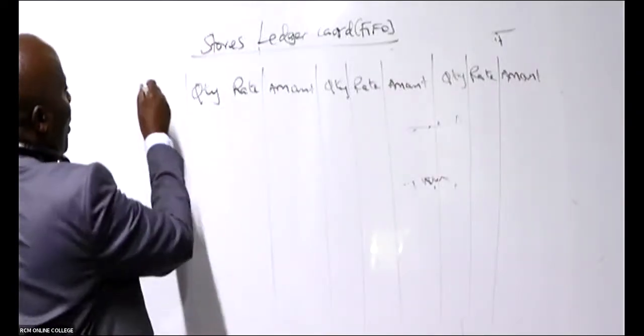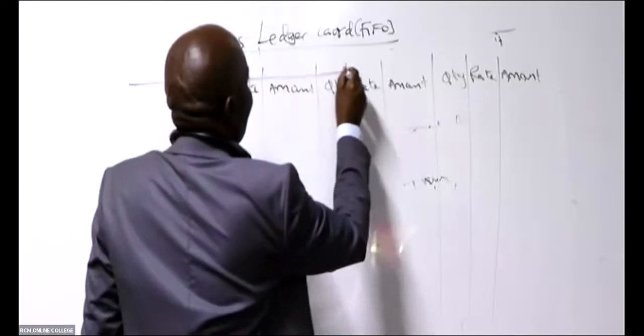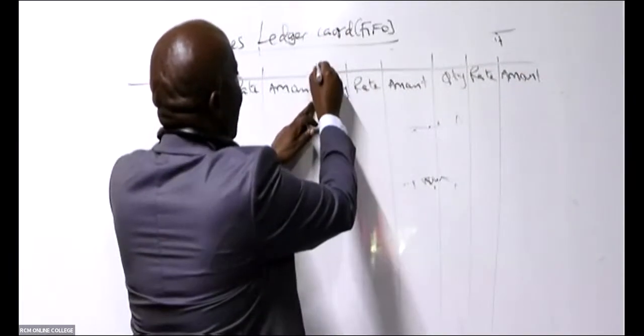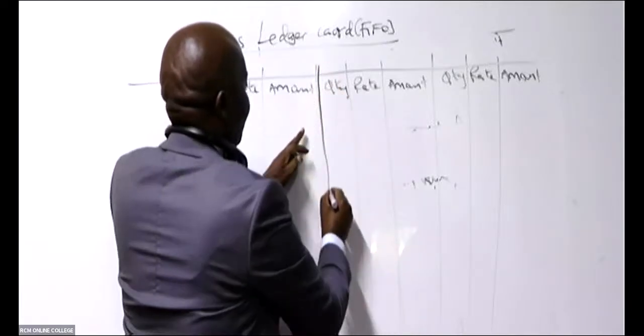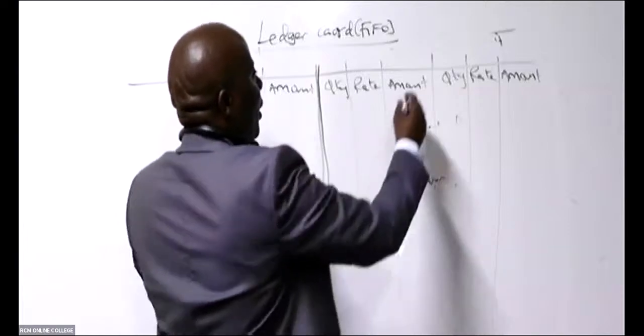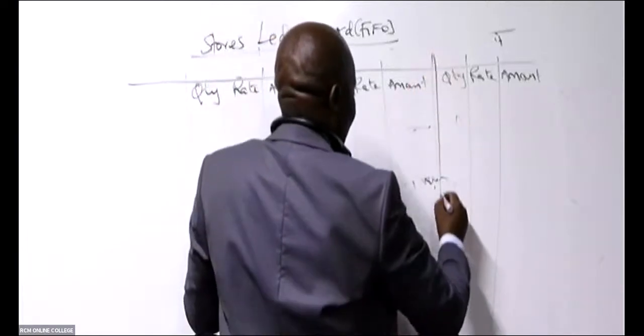At the end of the amount, we shall always have double lines.